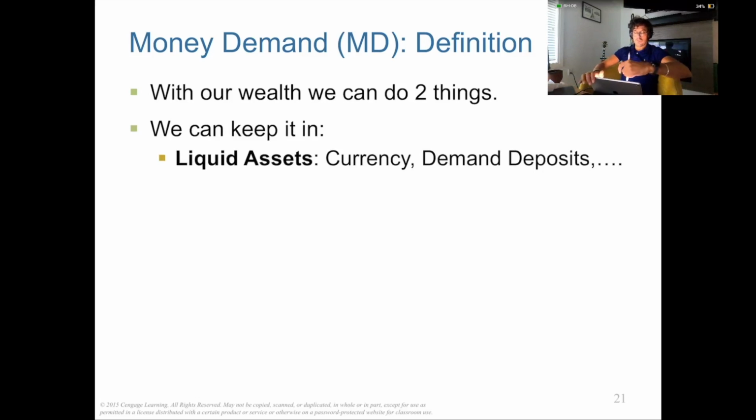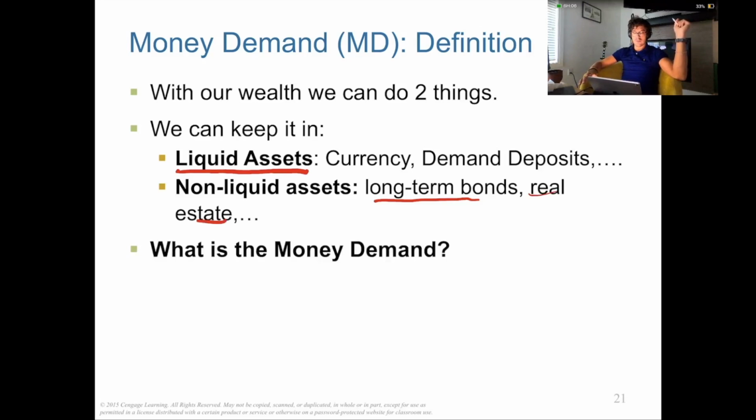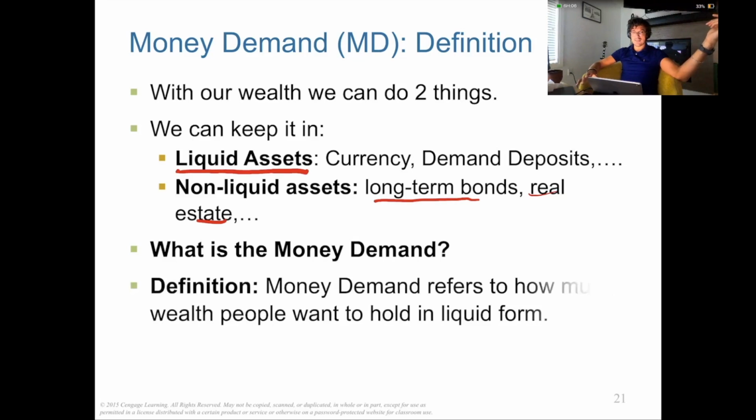We can keep it in the form of liquid assets, which is currency, demand deposits, traveler's checks, and so on and so forth, or non-liquid assets, which are given by long-term bonds, real estate, and so on and so forth. Now, what is the money demand? It is the share of your wealth that you want to keep in liquid form, in the form of assets that are easily used in order to make transactions.